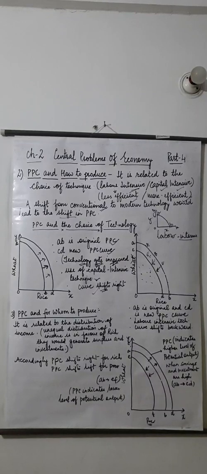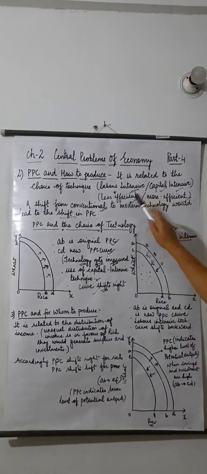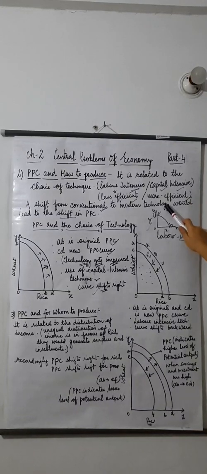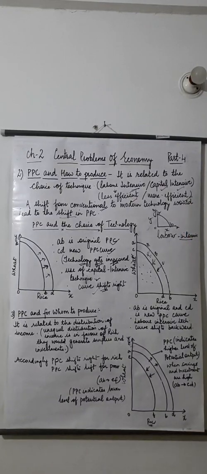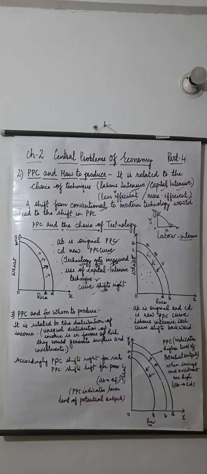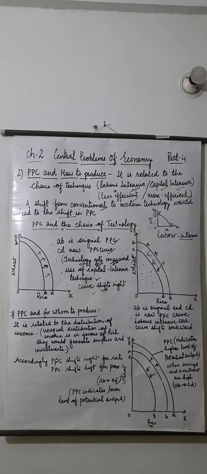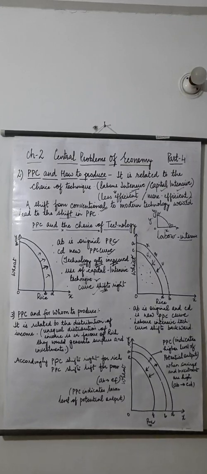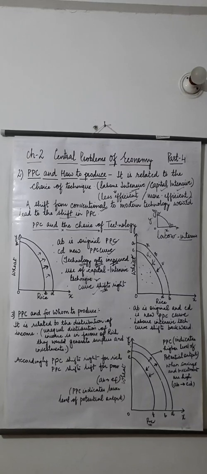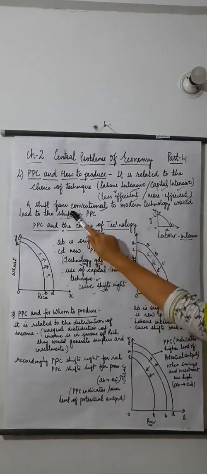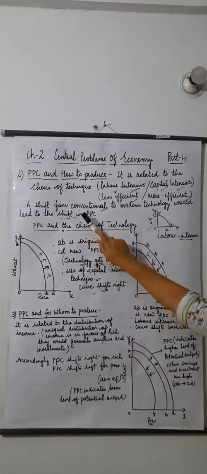So it says the labor intensive technique is less efficient and the capital intensive technique is more efficient. More efficient means more goods, modern technology, advancement, less time and less money wastage, more profit.